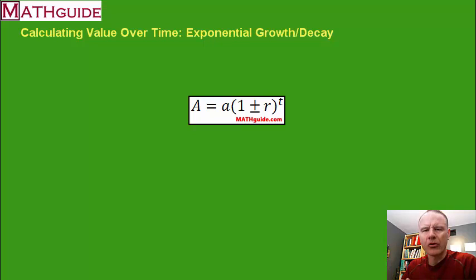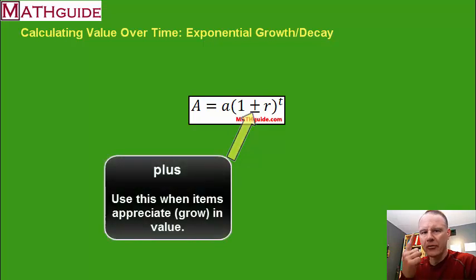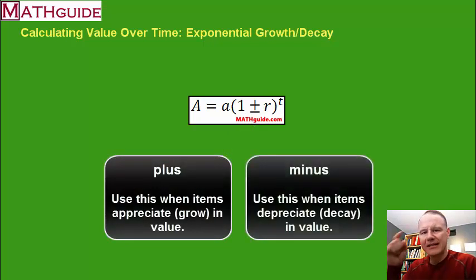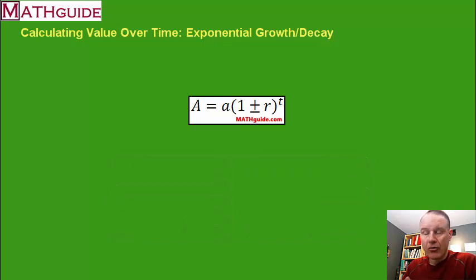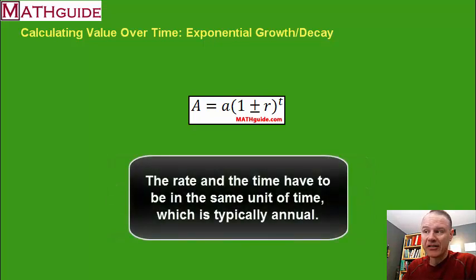Okay, so a couple words of caution when you're using this formula. Notice there's a plus or minus sign. The plus stands for things that appreciate over time, and of course the minus stands for things that depreciate over time. So you have to be aware of that when you use the formula. Your rate and your time have to be in the same units. So usually rate is in an annual yearly amount.